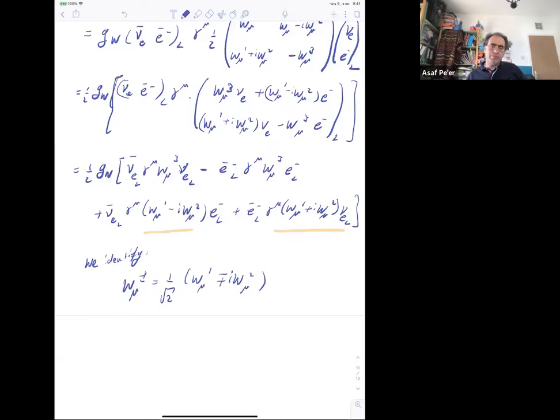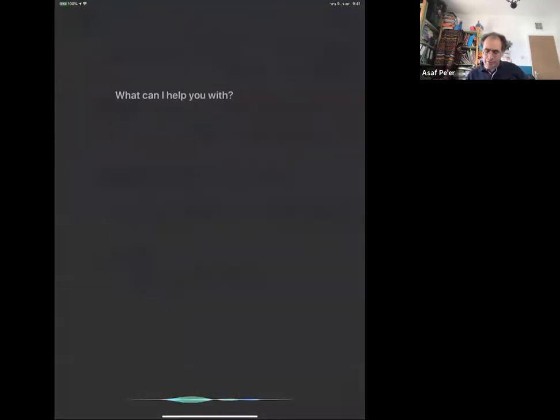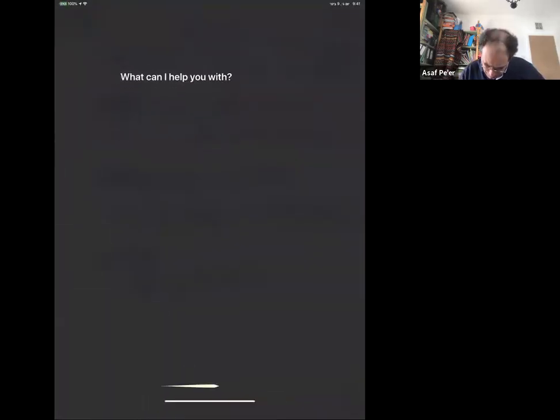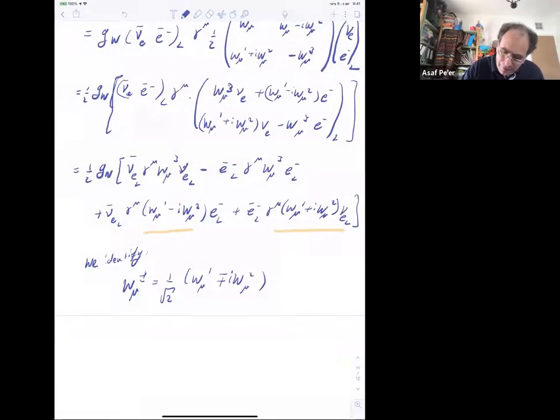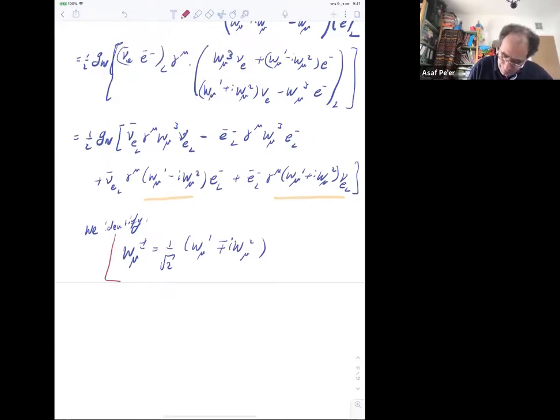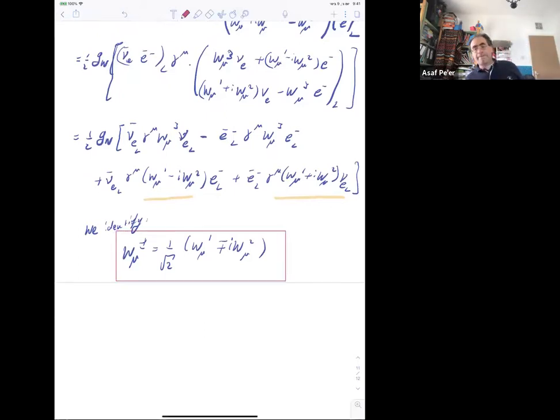So again, we identify this combination with the physical W plus minus particles. Quite cool, isn't it?